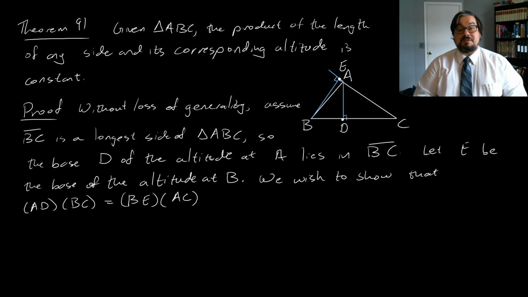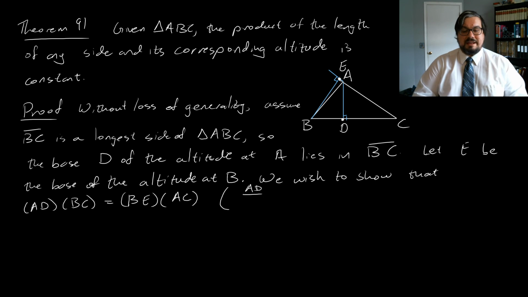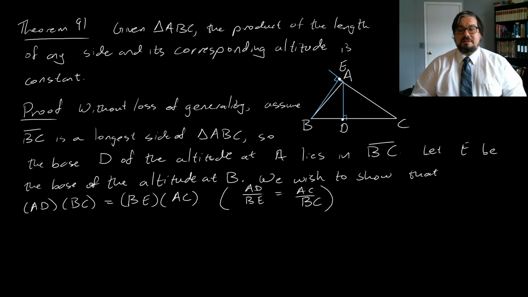It looks like the sort of thing that we might do using similar triangles. And in fact, what we're going to wind up showing is that AD over BE is equal to AC over BC. That's in fact going to be how we do it.